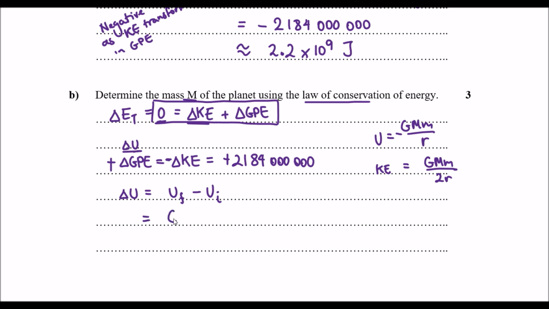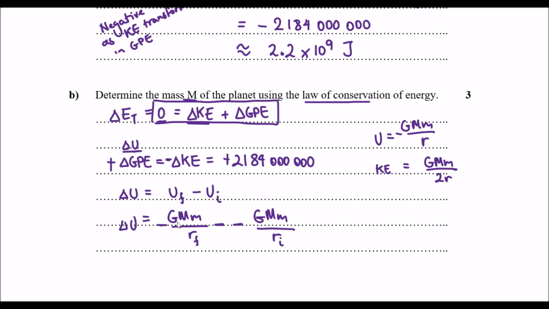The formula we're using is negative GMm over R, negative for this negative sign here, and then negative again for GMm over R here. This is the final point, which, as we said before, is just number 2, and then the initial point, which is number 1. And then we have delta U.